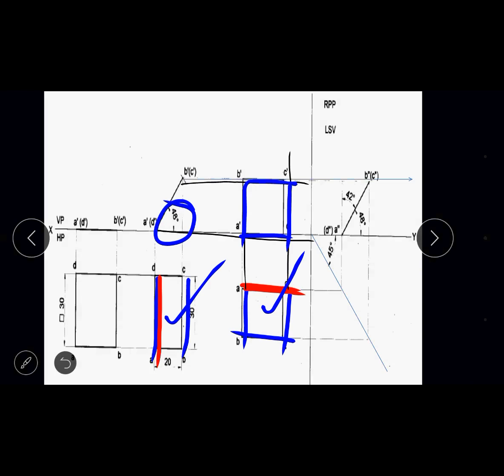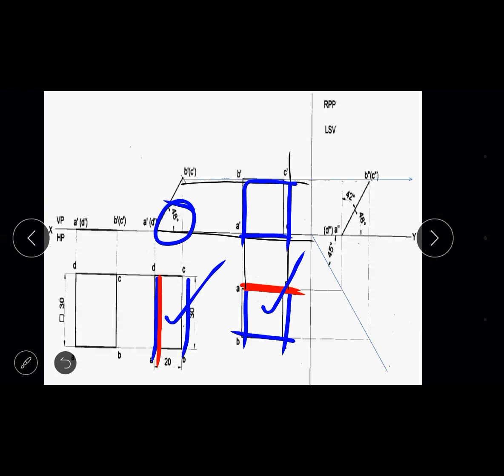So what is left out now? VP inclination is left out. We found the HP inclination, and the same 48 degree you find in the last figure as well. But here, since VP inclination is pending, this VP inclination which is showing 42 degree, we have to find out. To find it, in the last figure the side view of the lamina is focused.